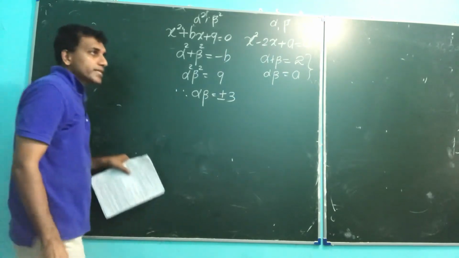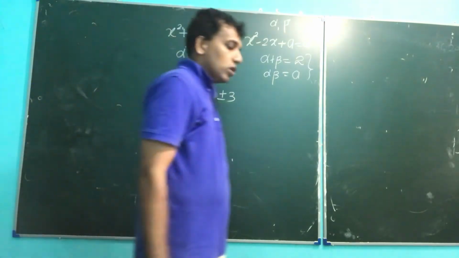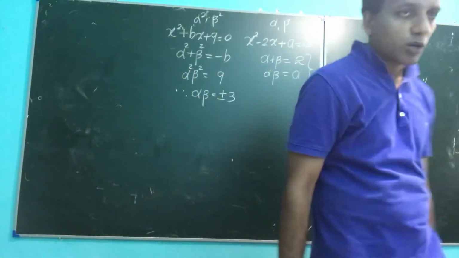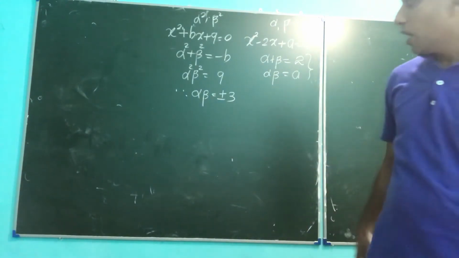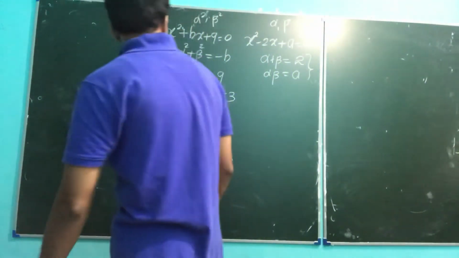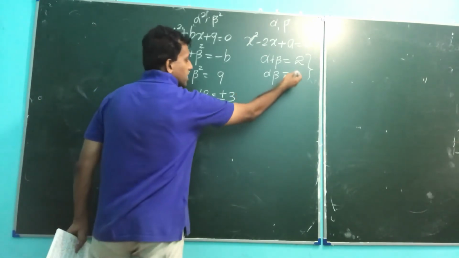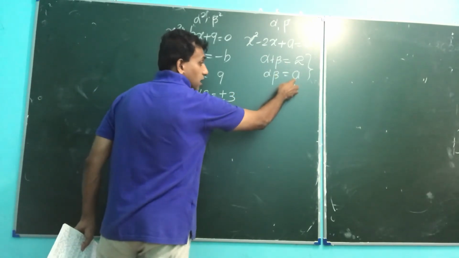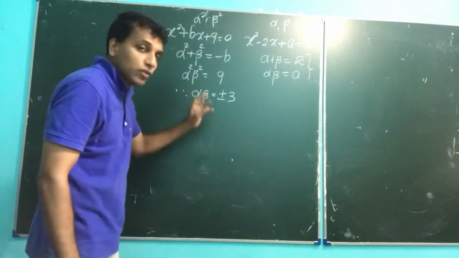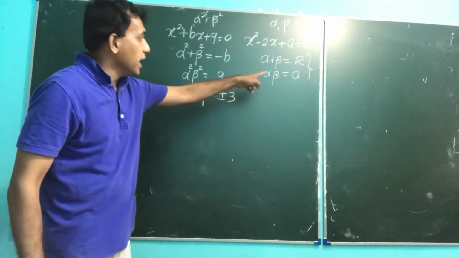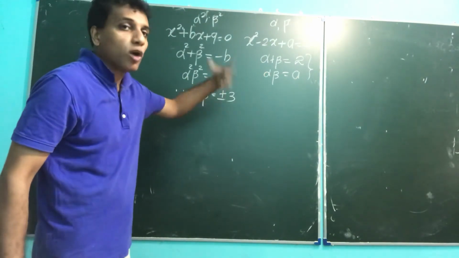It is advanced level mathematics, not only positive. Consider the negative one also, plus or minus 3. Alpha beta is plus or minus 3. Therefore, what is the A answer? Plus 3 or minus 3.